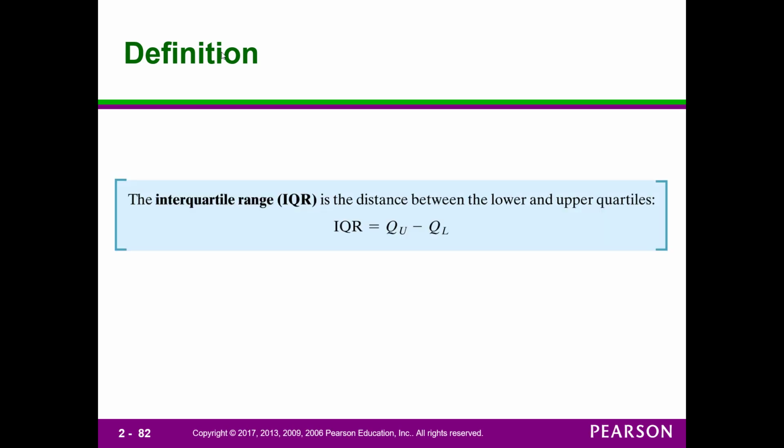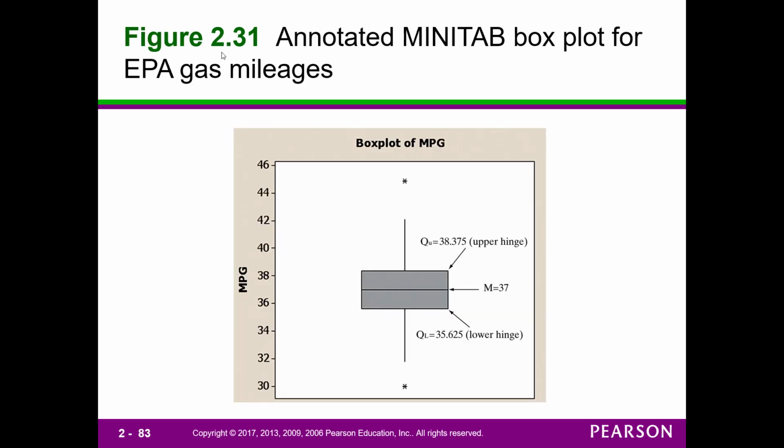The interquartile range is the distance between the lower and the upper quartile. It means the interquartile range equals QU, the upper quartile, minus QL, the lower quartile.